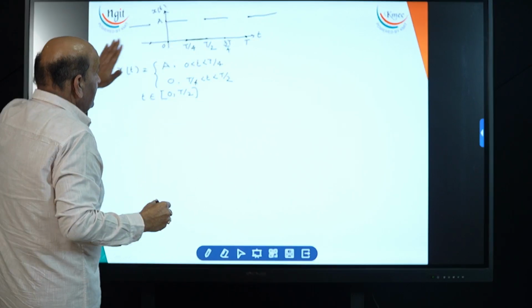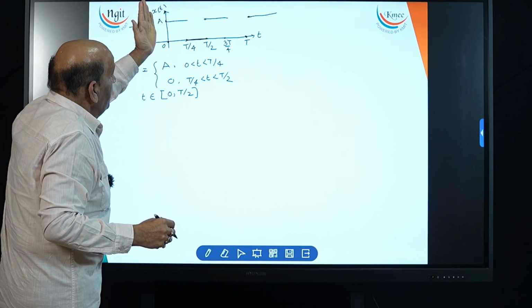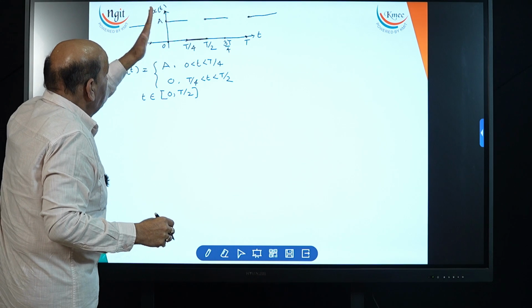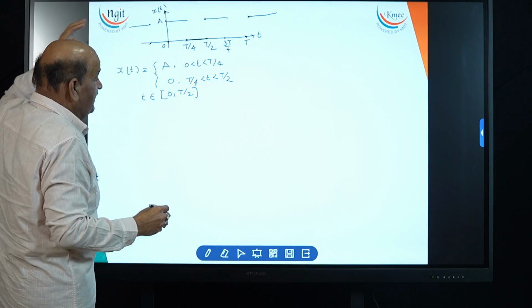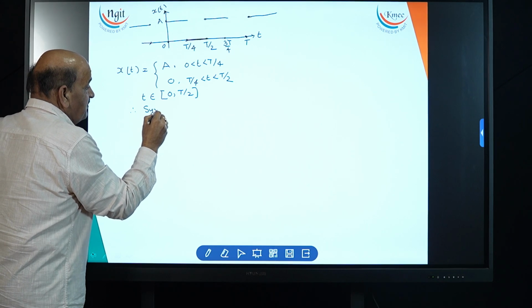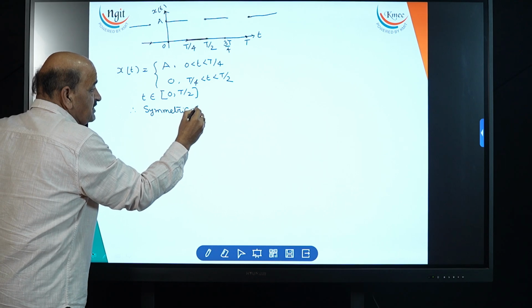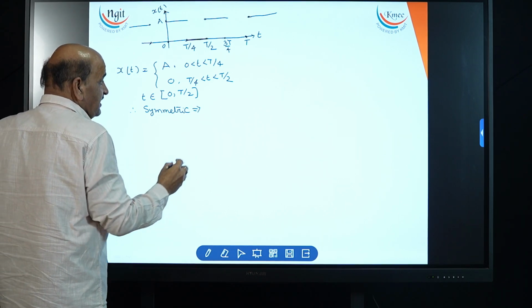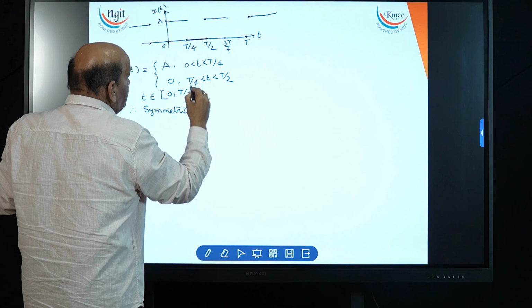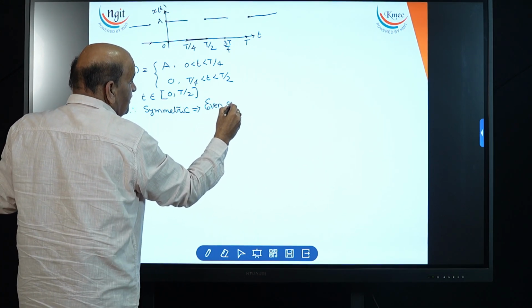One more point. The wave, no wave format is present on the right side and the left side of the y-axis. In this way, the wave is symmetric. If any wave is symmetric about the y-axis, the signal is an even signal.